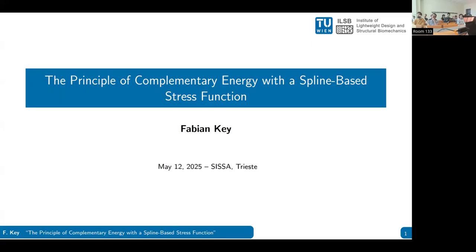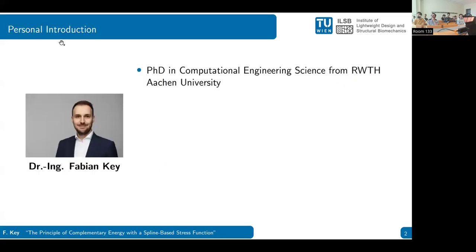So since there are only a few faces left that I still know, I wanted to start also with a short personal introduction. So I did my PhD in Aachen in computational engineering science, and 2018 it was that I visited Switzerland for the first time, and I still have like a sticker here on my bottle, and you see it's quite some time ago.